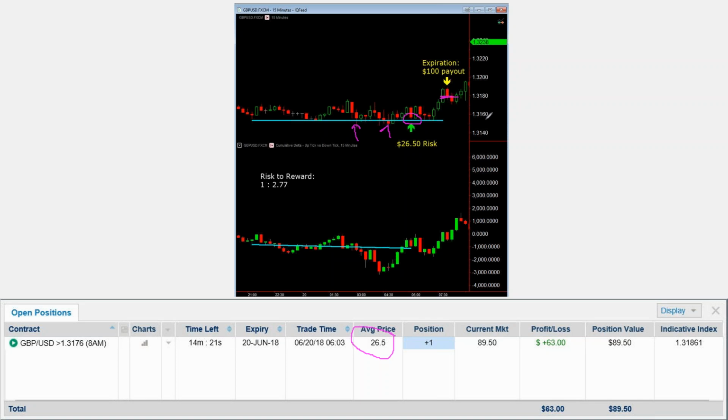Does everybody see that? Now, could you have taken this entry? Could you have taken this entry? Sure. I mean, this was multiple trade opportunities just in one trap. Do y'all see that? And sometimes they do. They'll give you multiple entrances for these traps.